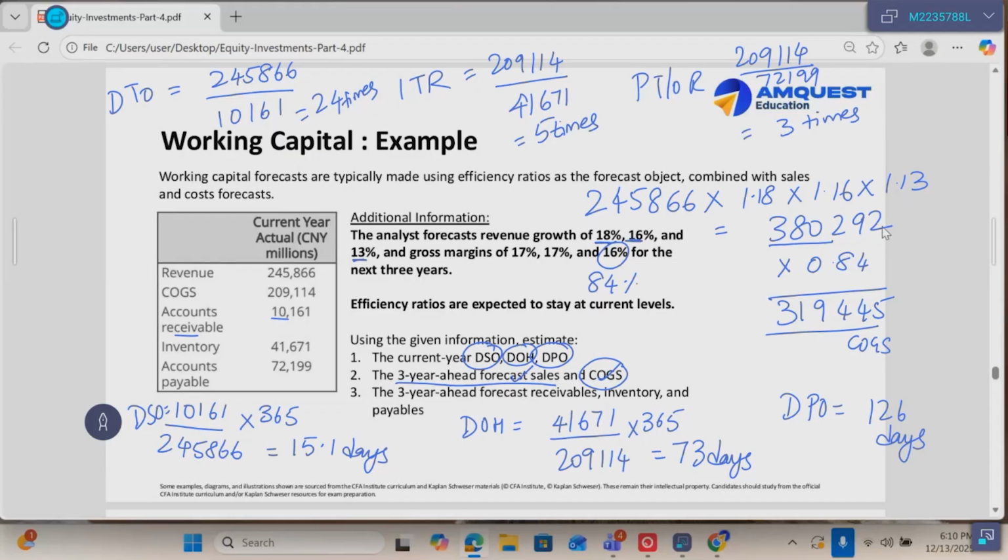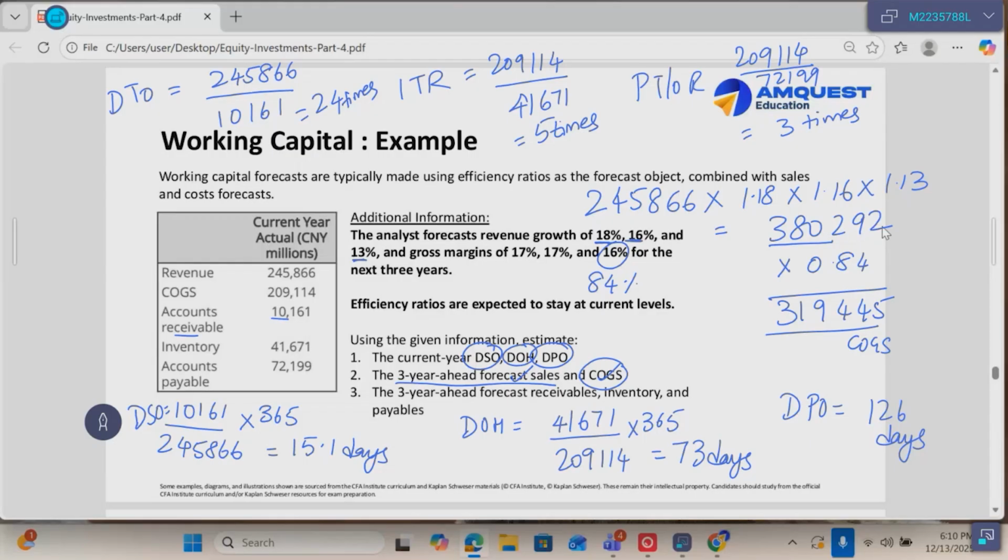So we have the historical data. We have historical DSO, DIH, DPO, and we have the debtors turnover ratio, inventory turnover ratio, and payables turnover ratio. Now let's say debtors turnover ratio, the answer is 24 times. Instead of taking historical sales, we will take our forecast sales.